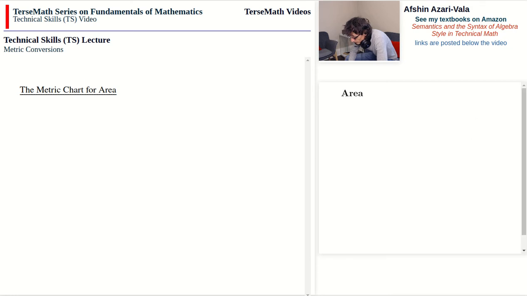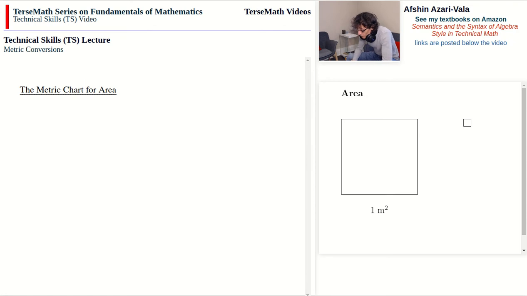Now for area, we have this convention that if we have a square whose side length is 1 meter, so this side is 1 meter and this side is 1 meter, we refer to the enclosed area as 1 square meter. And of course, if we have a square whose side length is 1 decimeter, we refer to the enclosed area as 1 square decimeter.